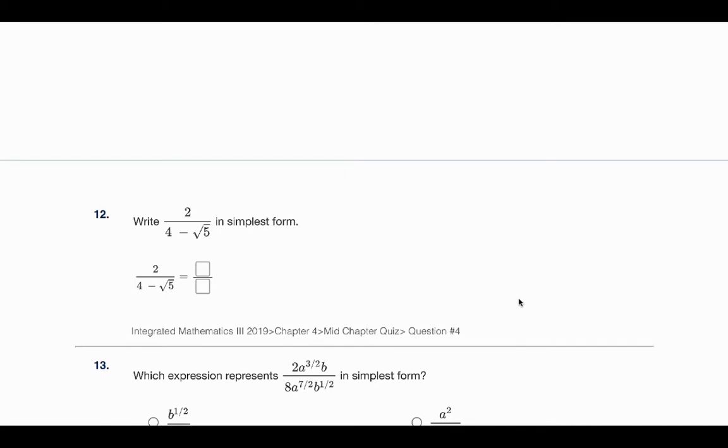Number 12, we're going to give you one more of these just to make sure that you understand this. And this time, again, we're still doing it in simplest form. Just like I did with the previous one, I have 4 minus the square root of 5 in the denominator. I can't have a radical in the denominator. So I'm going to multiply the top and the bottom by 4 plus the square root of 5, because that's going to make our bottom a difference of squares.